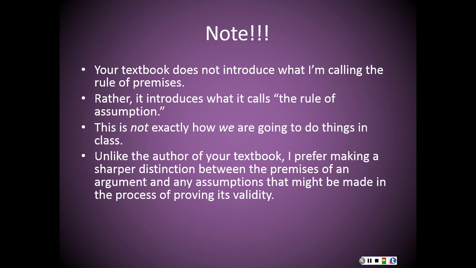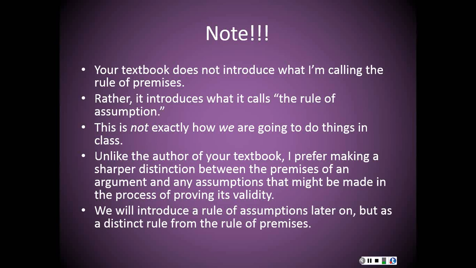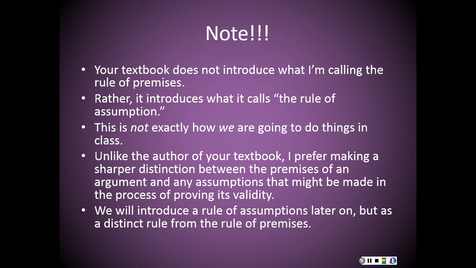Unlike the author of your textbook, I prefer making a sharper distinction between the premises of an argument and any assumptions that might be made in the process of proving its validity. We will introduce a rule of assumptions later on, but we'll introduce it as a distinct rule from the rule of premises. So you are to do things the way I'm showing you how to do them in this lecture, not the way that your book tells you to do them.